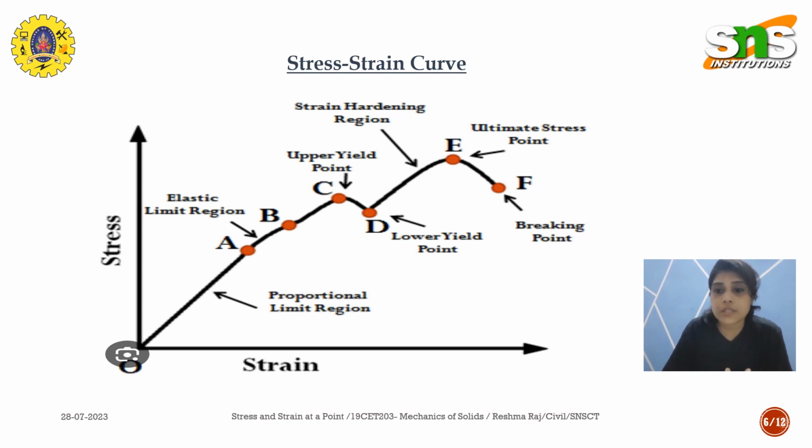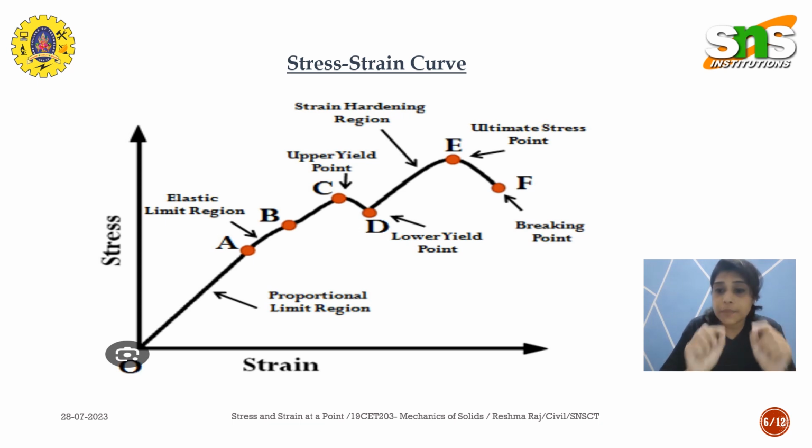For any stress strain curve, when an external force is acting, depending upon how much external force is acting, there will be some changes in the body of the material. That stage we are going to explain in the stress and strain curve. So first comes point A, the elastic limit region.